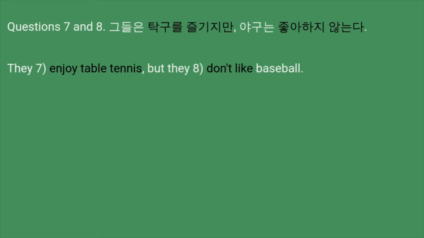Okay, so therefore for the first phrase, in the English version we can say enjoy table tennis. Right? And then for number 8, for the second phrase, in the English version we can say don't like.